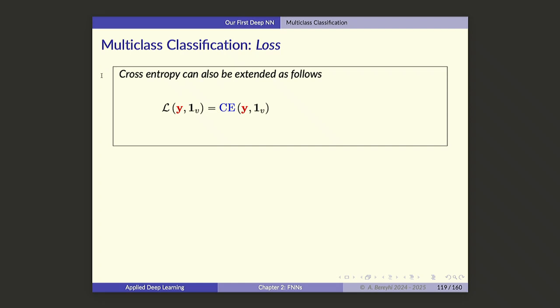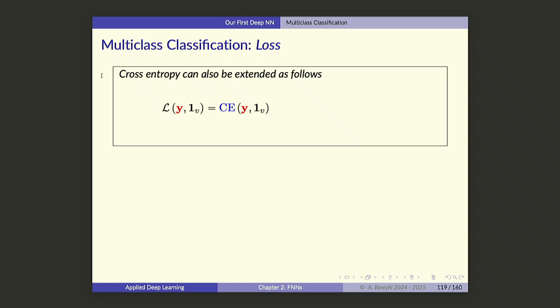Logarithm of 1 over, what was it here? y, exactly. So in that case, you had just one scalar y, and when your true label is 1, you say logarithm of 1 over y, right? Now, what if it was 0? How do you compute the cross entropy then?